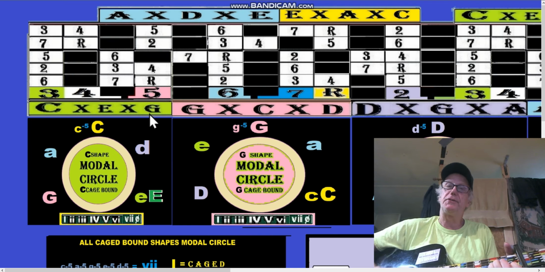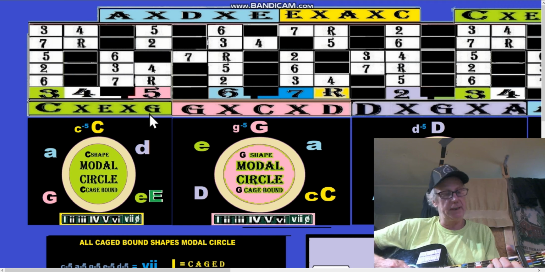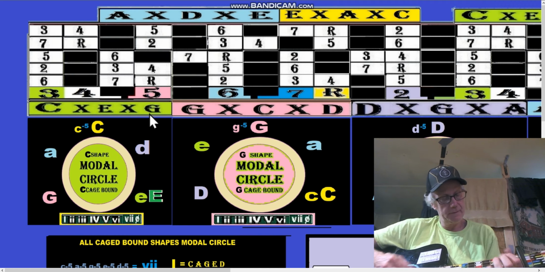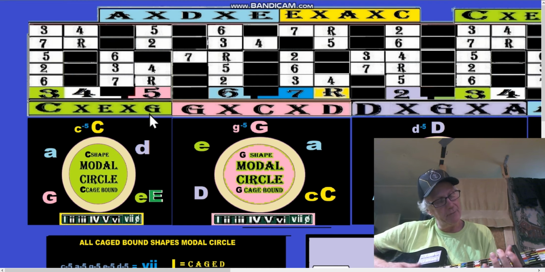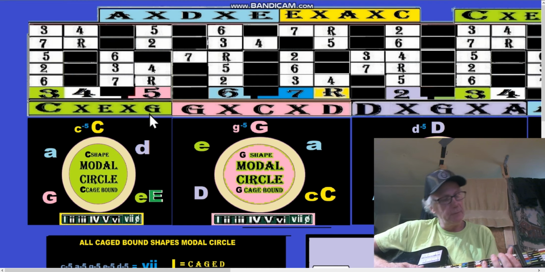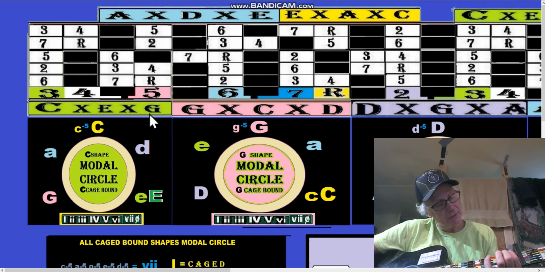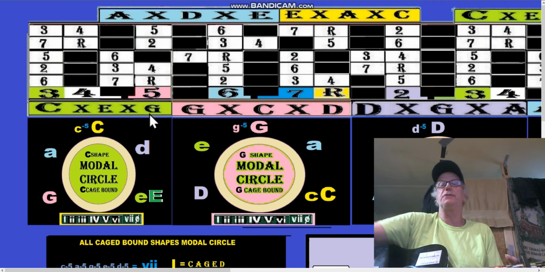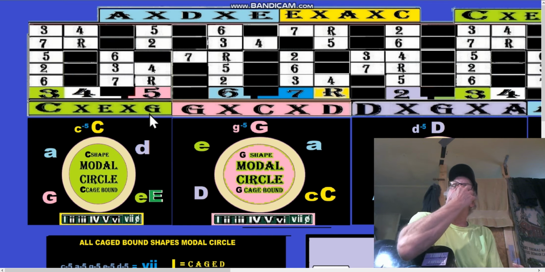D minor is the 2nd minor. So they kind of count. And then we have our half diminished, which is difficult to play, so I arpeggiated it.